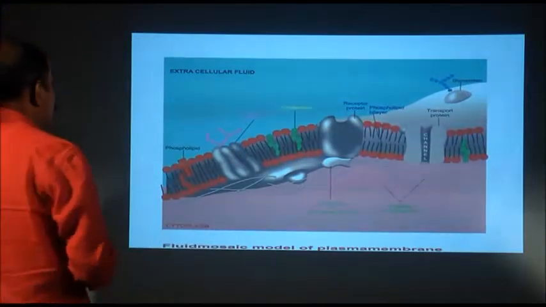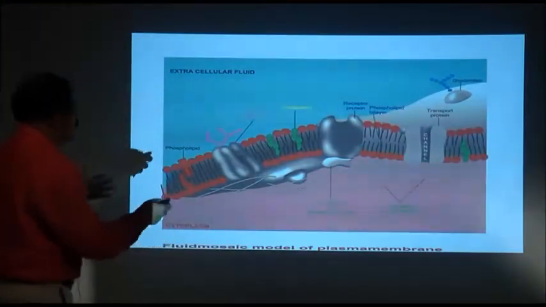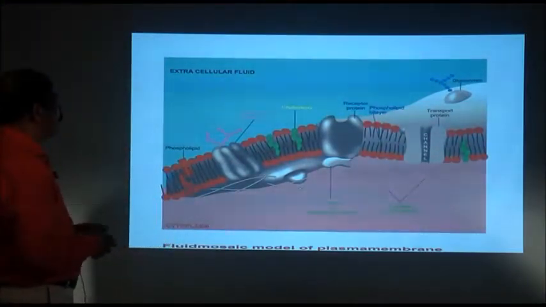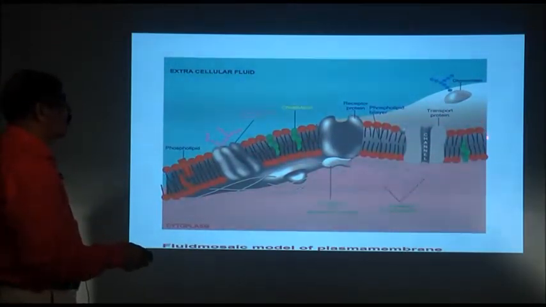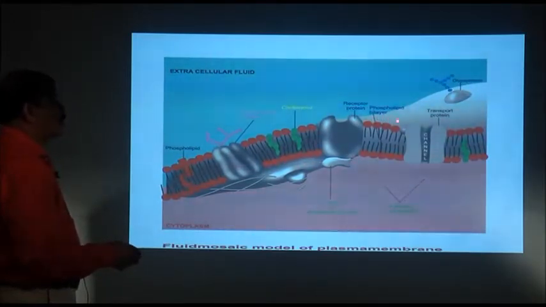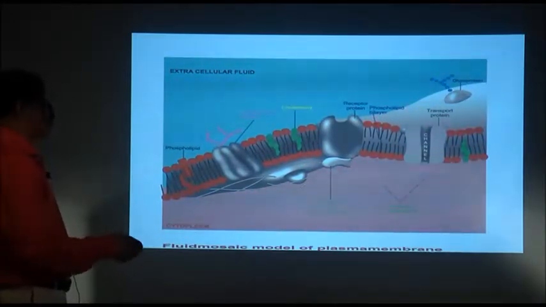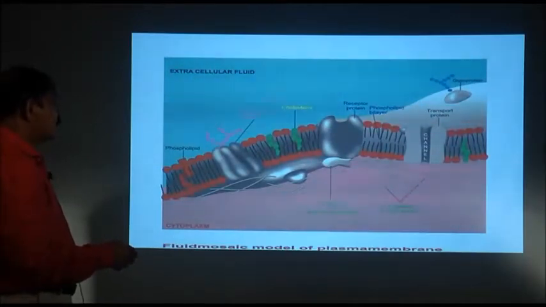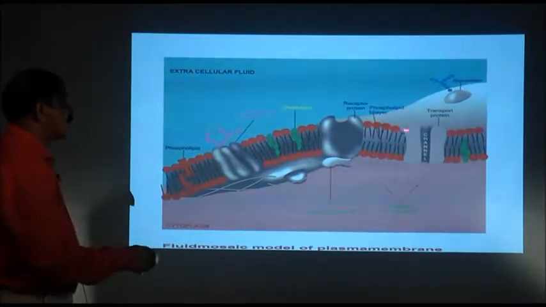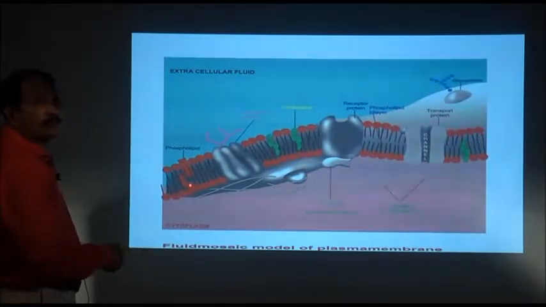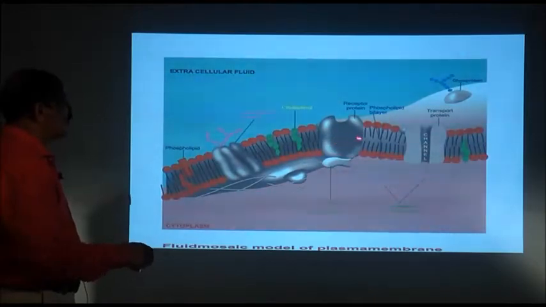Here I can show you the structure of the plasma membrane. So, plasma membrane is a thin structure. We do not know many things about it, but we have to understand this. This is an animal cell plasma membrane, designed or generated by computer.